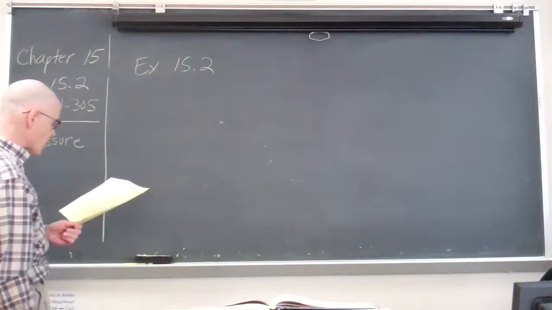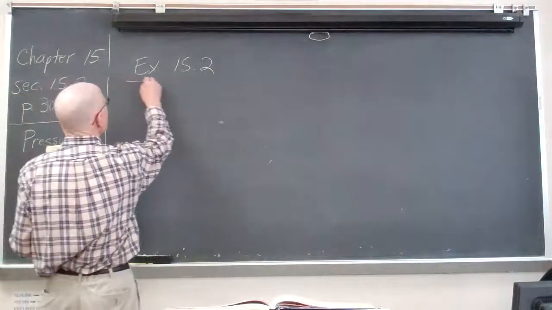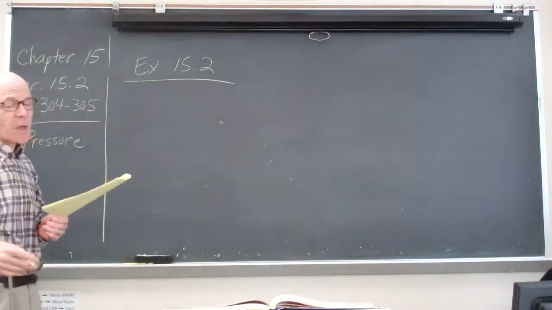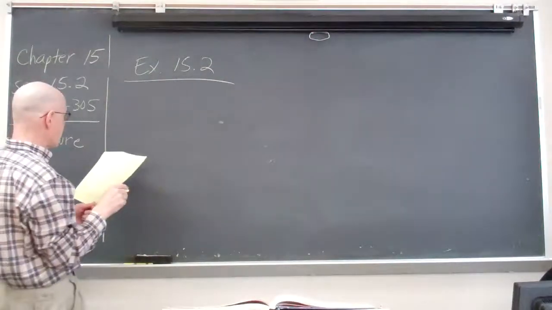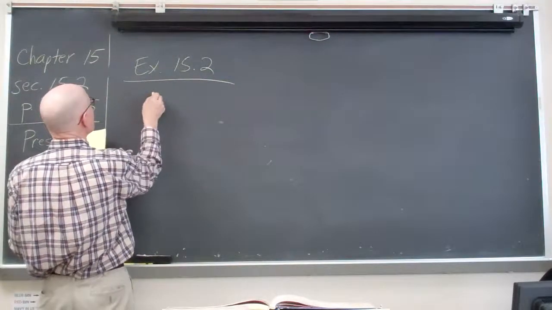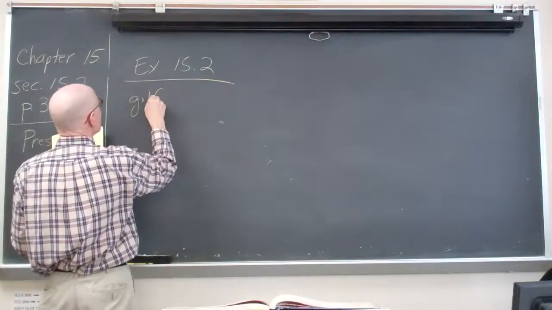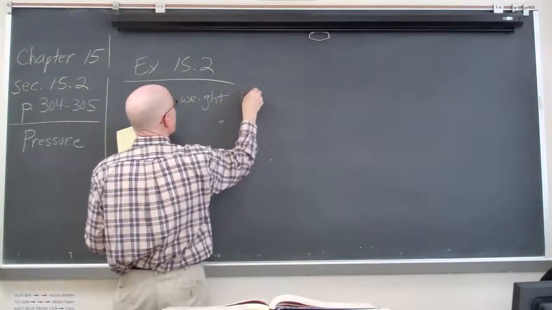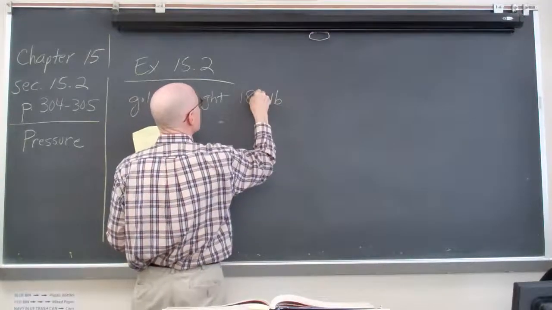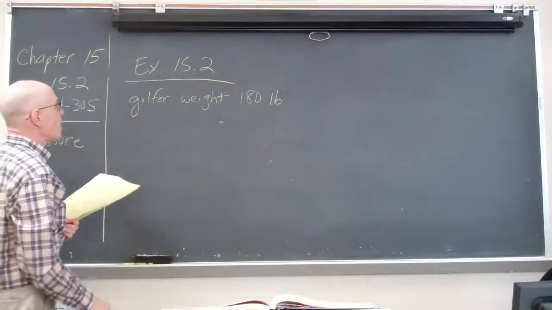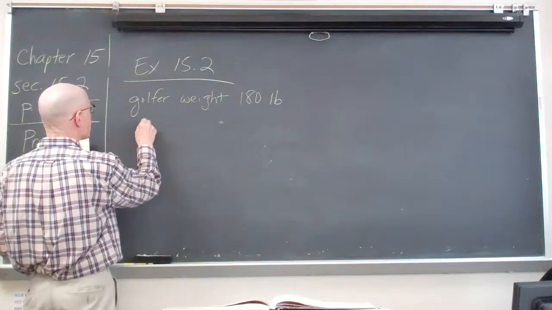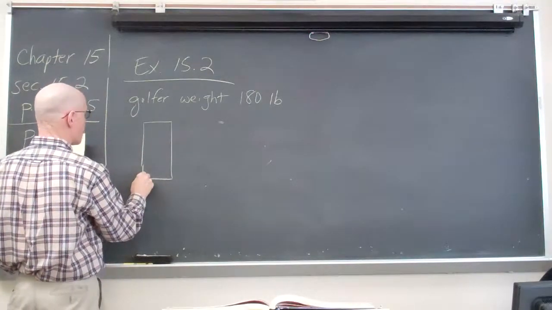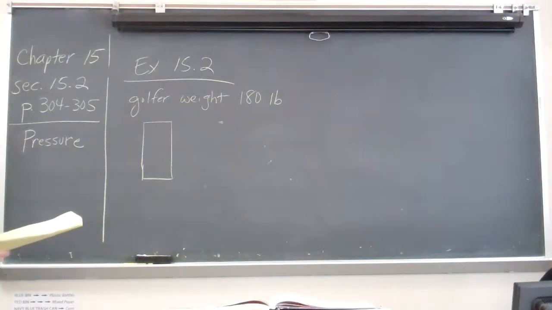So here's an assumption we're going to make. Again, we're going to do this in English units, and we're going to make a lot of assumptions just to make this easier to calculate. So let's say the golfer has a weight of 180 pounds. And we're also going to approximate the size of the golfer's shoe.